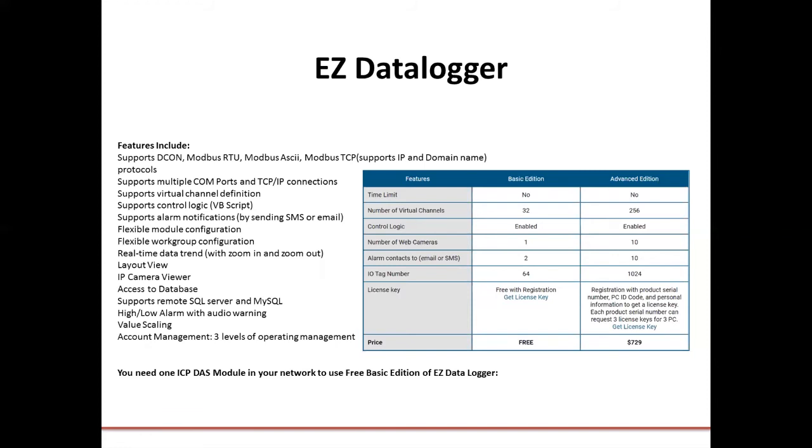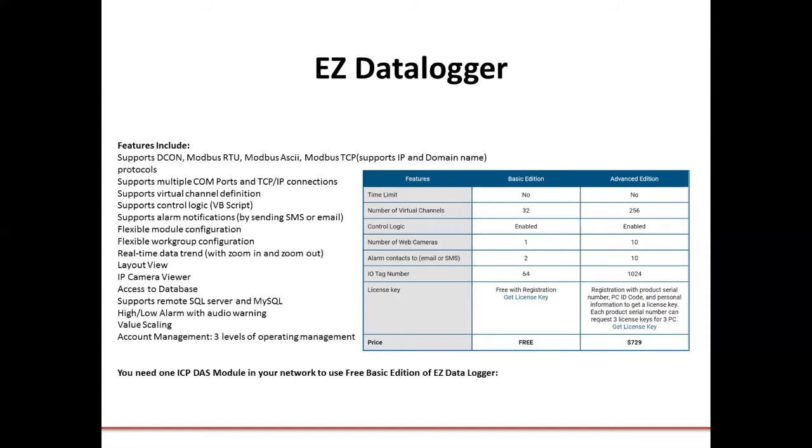DCON protocol is our own proprietary one, and the limitations are shown here. The main limitation is 64 tags for the basic edition, which is the free edition. And if you need more tags, you can use our advanced version, which goes up to 1,024 tags.